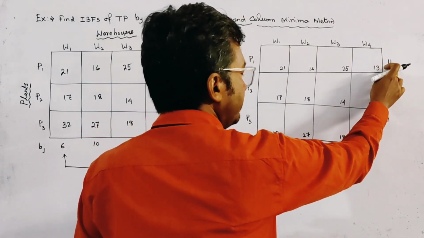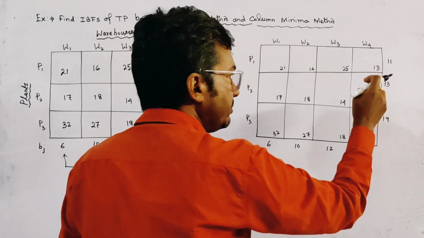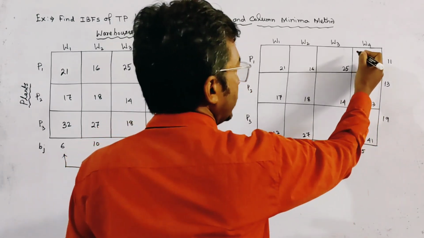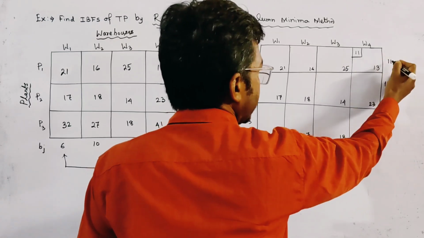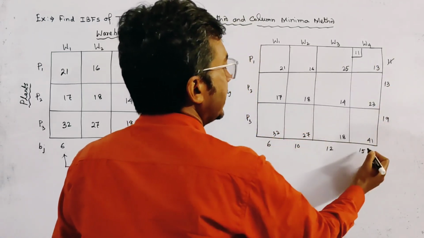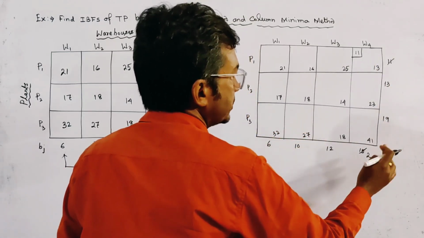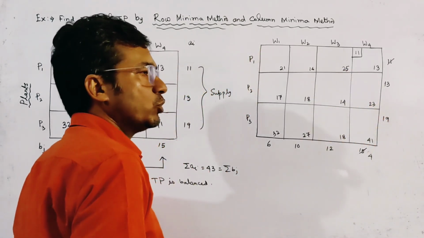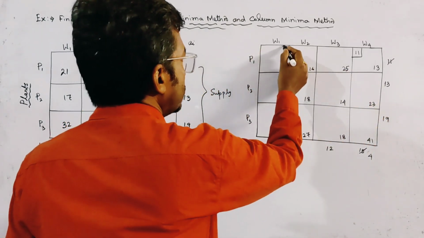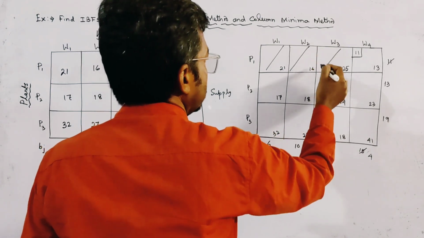Here supply is 11 and demand is 15, so the minimum is 11, so we allocate 11 units here, and clearly the supply is exhausted and the demand remains 4 units, because 15 minus 11 is 4, and this row is crossed out.